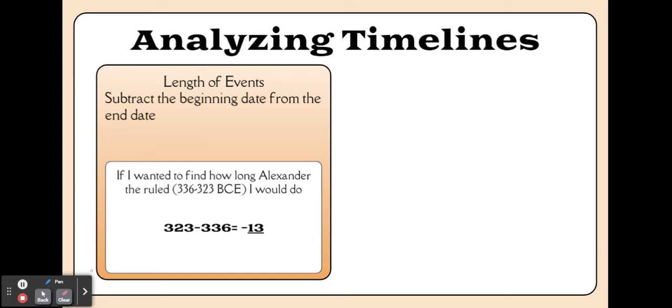Because there is no such thing as a negative year, we can take the absolute value of that number just to say it's been 13 years. You don't need the negative piece. So the answer would be Alexander the Great ruled for 13 years. And I'm not positive on those dates, by the way, so don't quote me on that.